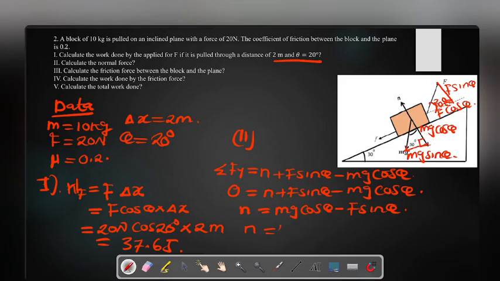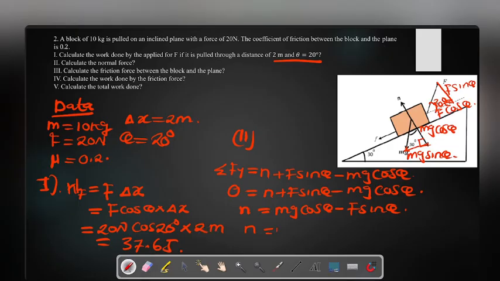So the normal force becomes: the mass of the block is 10 kg, then gravity is 9.81. I'm so sorry, this information is for the gravity.